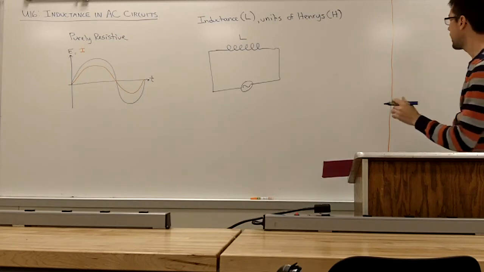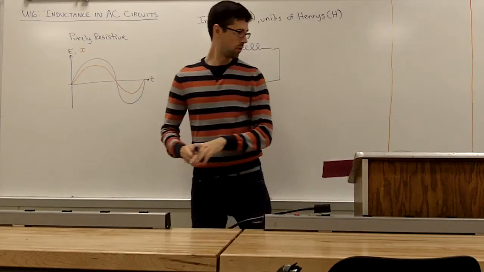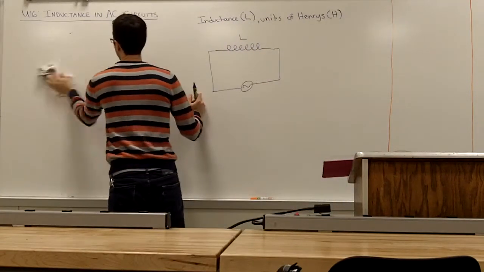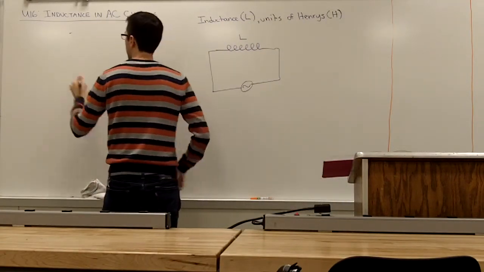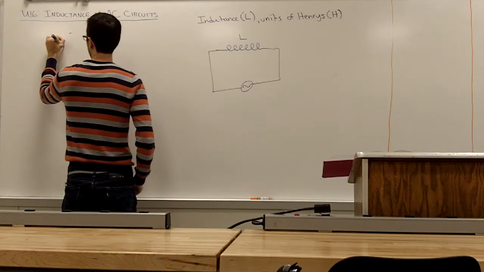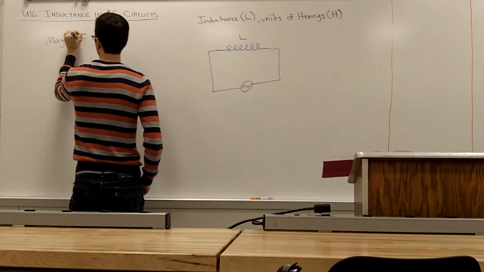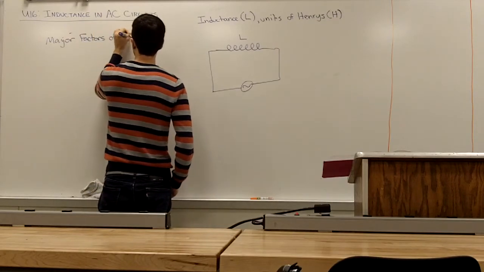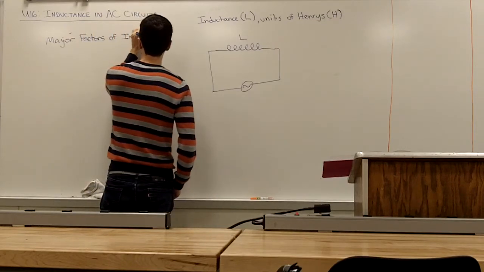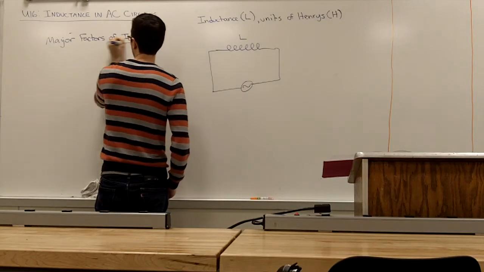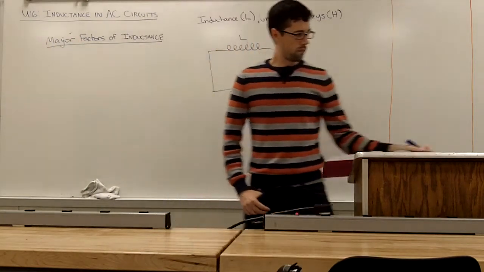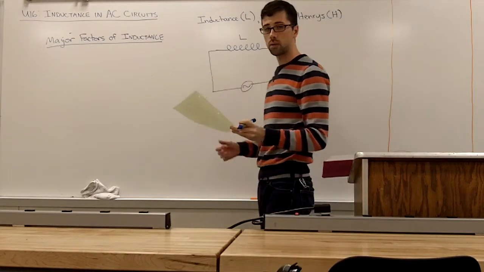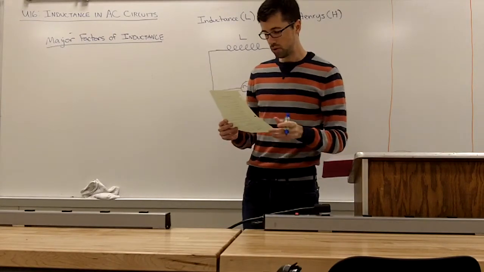And then, the major factors of inductance. First is that when magnetic lines of flux cut through a coil, a voltage is induced in the coil.